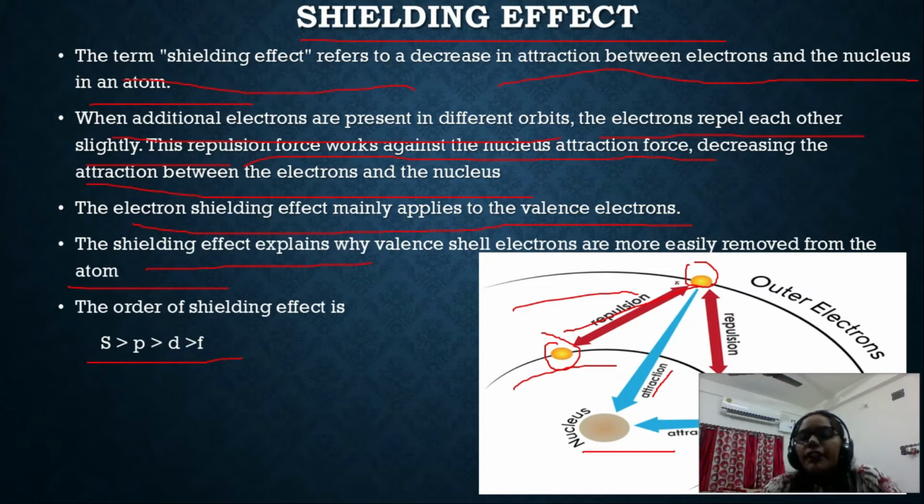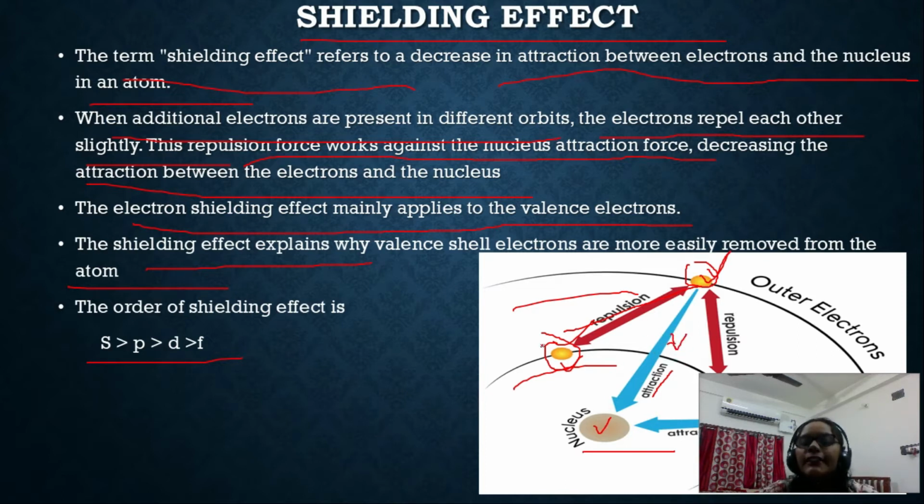Now this is our outermost electron, and this is an inner orbital electron also. They are both attracted by this nucleus. Now this inner orbital electron always has the tendency to shield this attraction force, so that between this electron and the nucleus the attraction force will be lower.